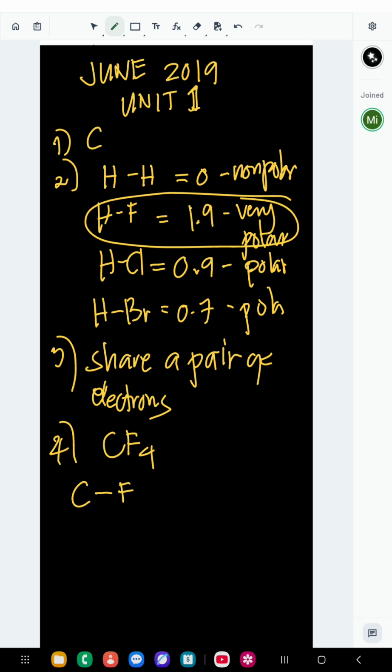So the bonds are polar, but the molecule is non-polar. The answer should be letter C. So the carbon-fluorine bond is polar, while the molecule is non-polar.